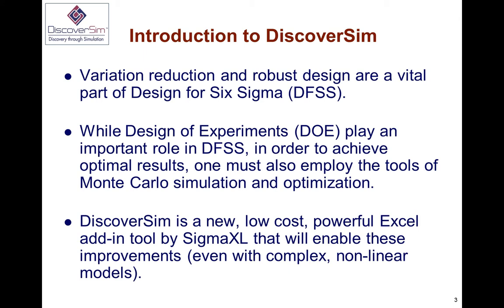However, one of the things that it doesn't readily answer is what happens if I cannot hold those x's completely or control those x's completely. That is, there's variation or uncertainty in the x. And this is where Monte Carlo simulation comes in, because it allows you to see what happens when you have uncertainty in your x's. So that's really the key here, and allows you to deal with that uncertainty, quantify it, and manage it.